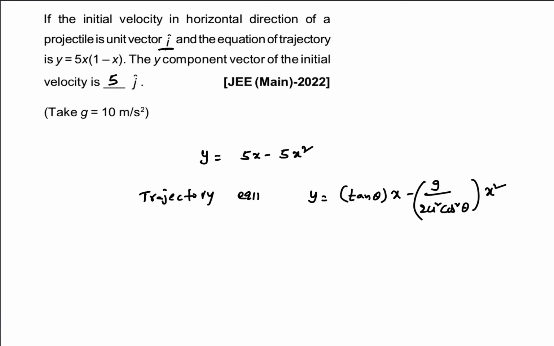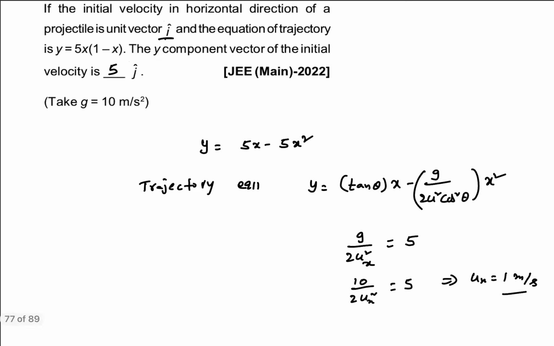Just substitute there. As per the given question, g by 2u square cos square theta I am writing as ux square is equal to 5. So you can write 10 by 2 into ux square is equal to 5. We will get the ux value equal to 1 meter per second.